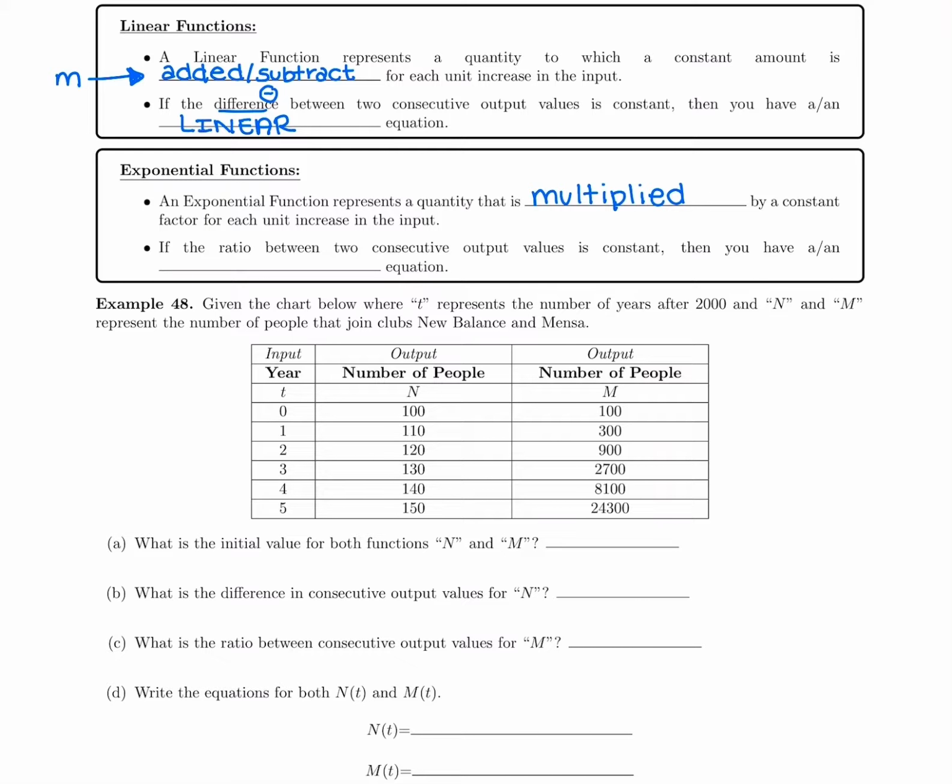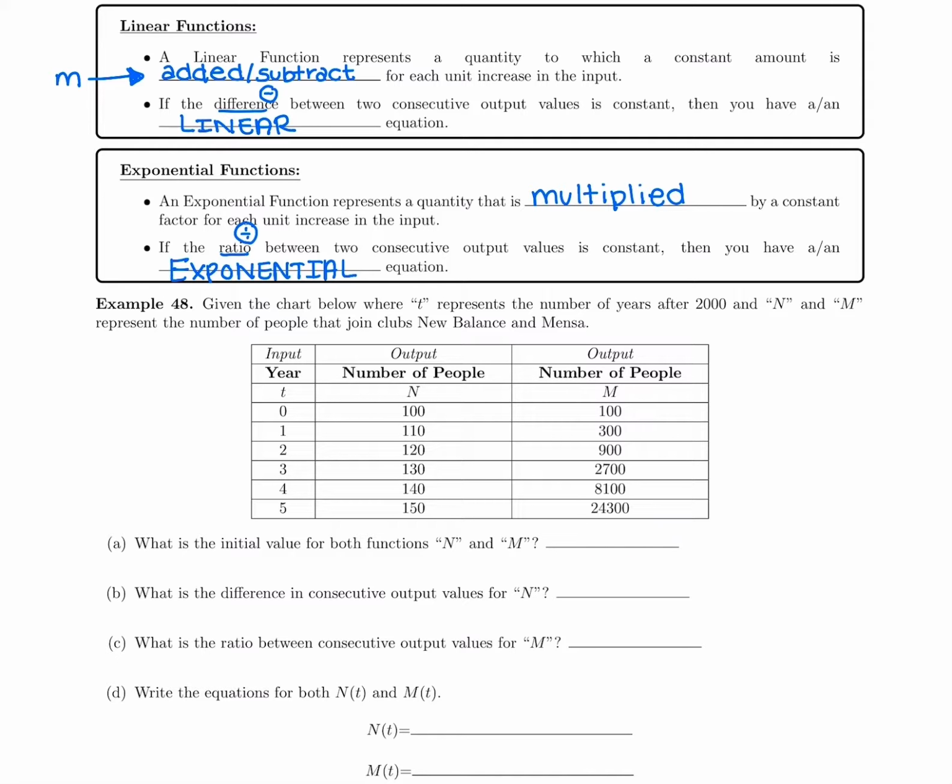To figure out if you have that, you take the ratio between the numbers. Every time you divide, you get 6.42. So you know that there's this constant ratio of 6.42, so that's the factor that it's multiplied by. So you know you have an exponential function when that happens. So linear is when it's added, multiplied means it's exponential.